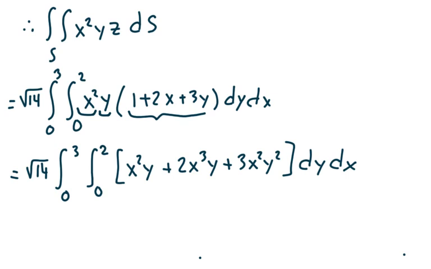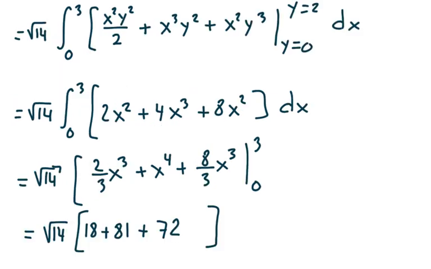And so what I'm going to do is integrate with respect to y first. And so this is square root of 14 times the integral from 0 to 3 of x squared y squared over 2 plus x cubed y squared plus x squared y cubed evaluated from y equals 0 to y equals 2 dx.